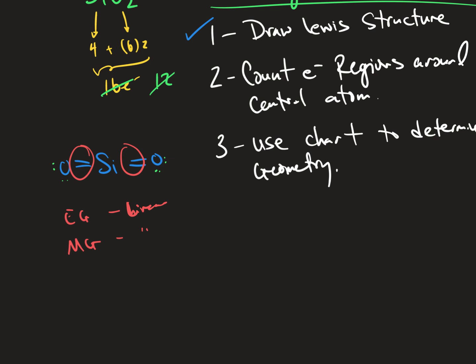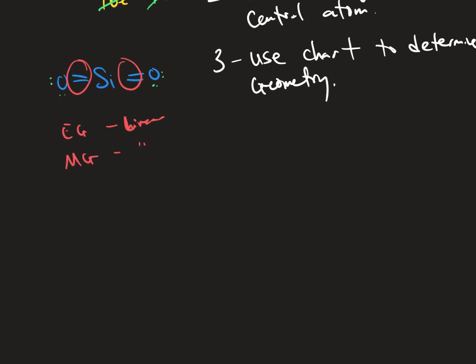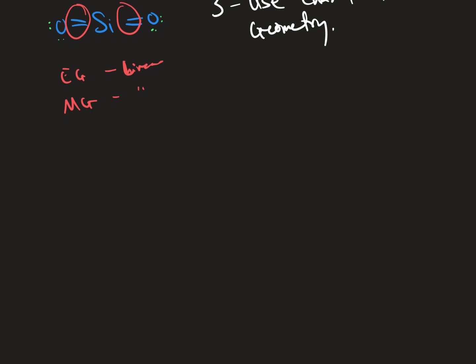What else do you want to do? Should we try CCl2O? Looks a little goofy. 3 different elements. Count the valence electrons.